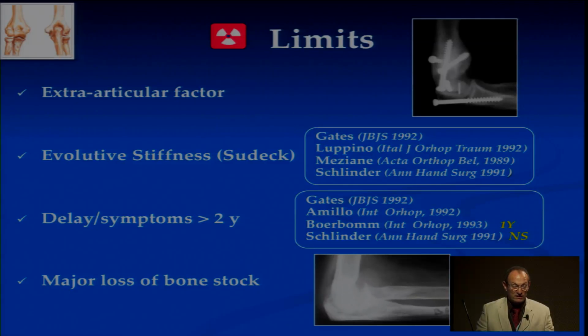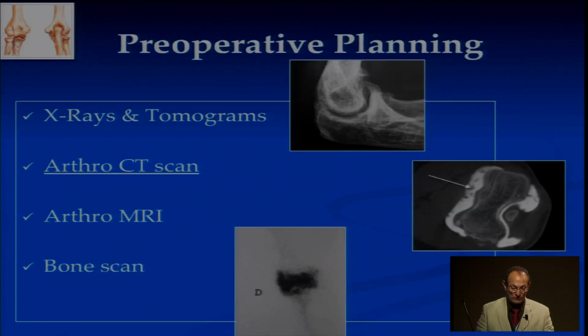For some others, like Schindler, it's not in relation. But in our study, we will see later on, 2 years seems to be a limit to expect a good result from an arthroscopic treatment. And of course, in all major loss of bone stock.